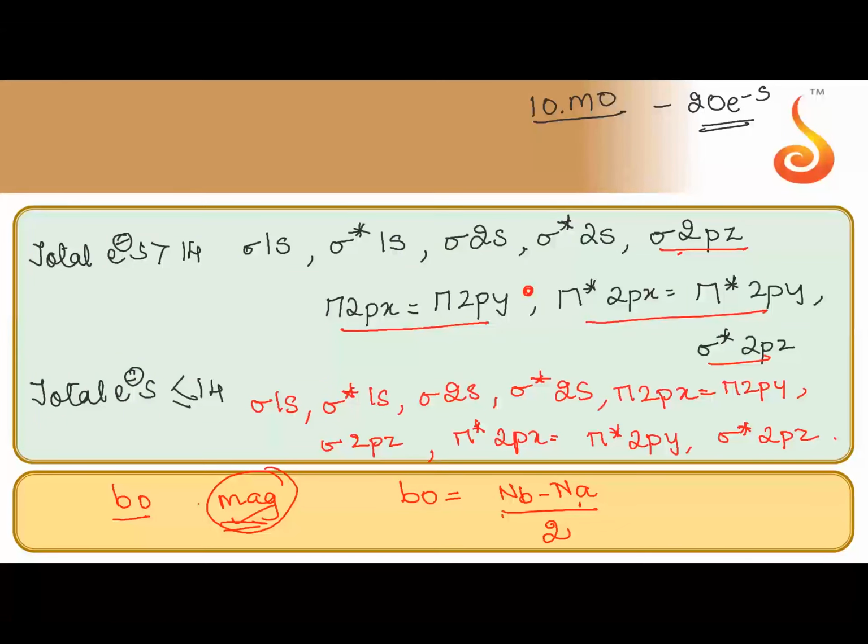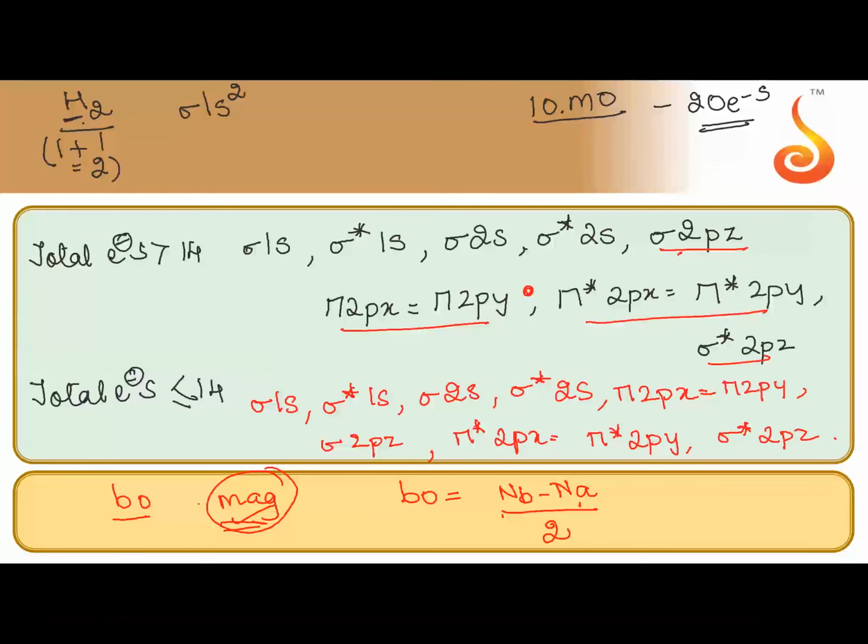So let's apply this. H2 molecule first I'm taking. What configuration shall we write, children? For H2, total electrons, how much we have? Each hydrogen has 1 electron. So 1 plus 1, right? So total electrons are 2. Where shall we place these 2 electrons? In sigma 1s. Sigma 1s 2.